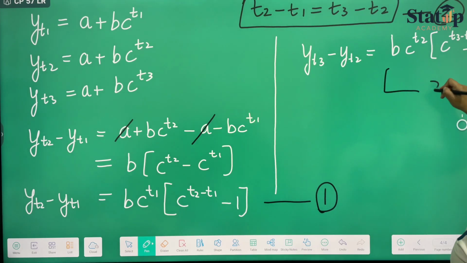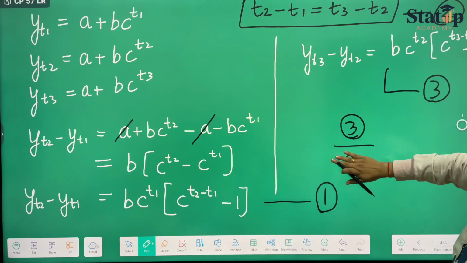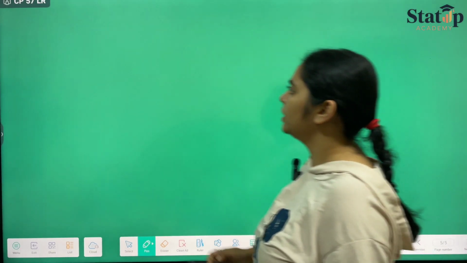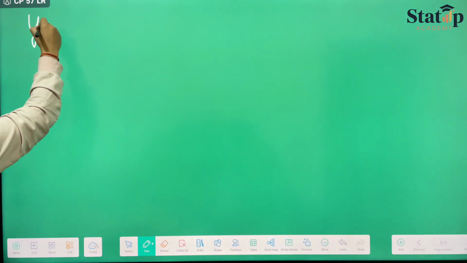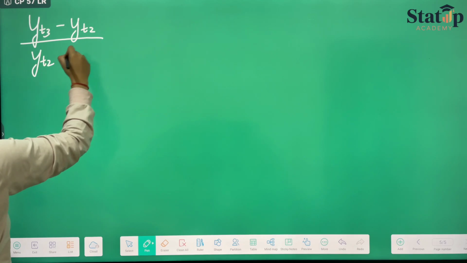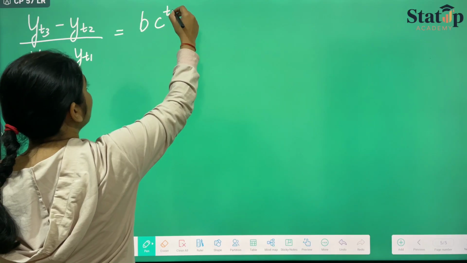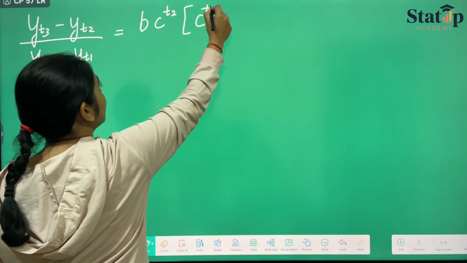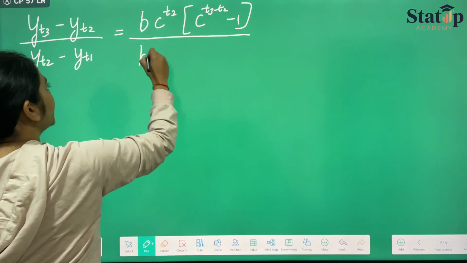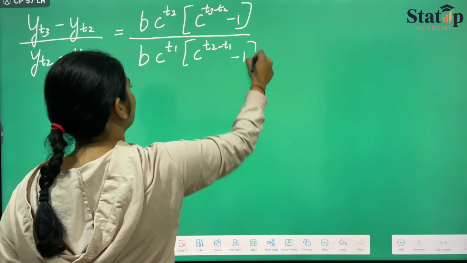So this will be our equation number 3. Now we'll divide 3 by 1. On dividing 3 by 1, we'll be getting (y_t3 minus y_t2) upon (y_t2 minus y_t1) is equal to b c^t2 (c^(t3 minus t2) minus 1) upon b c^t1 (c^(t2 minus t1) minus 1).